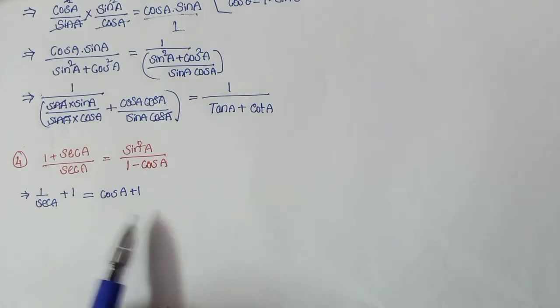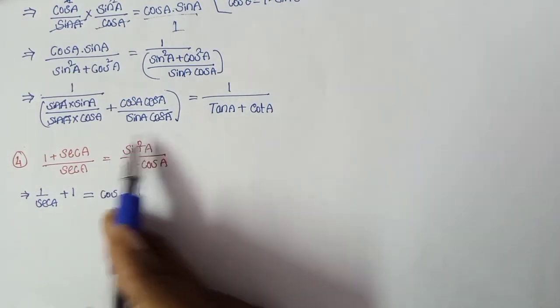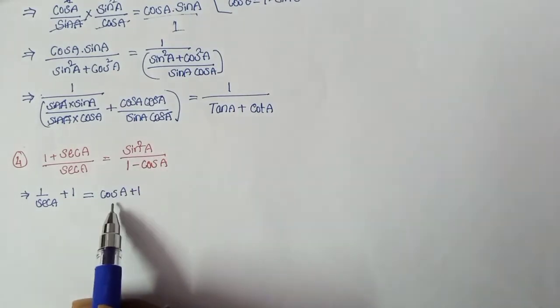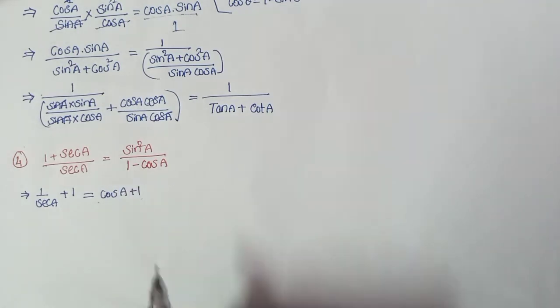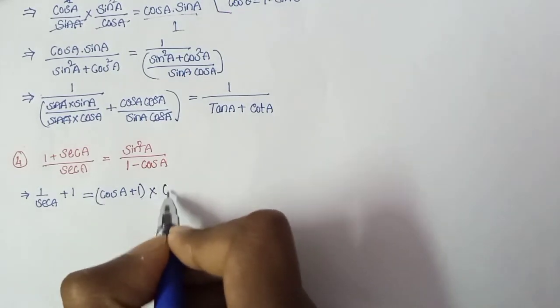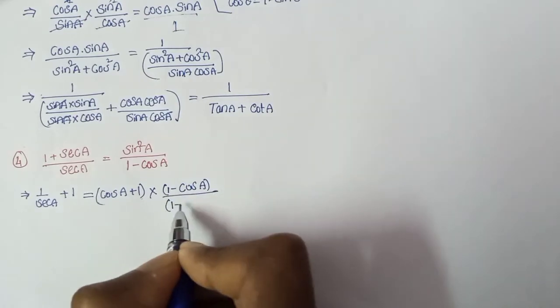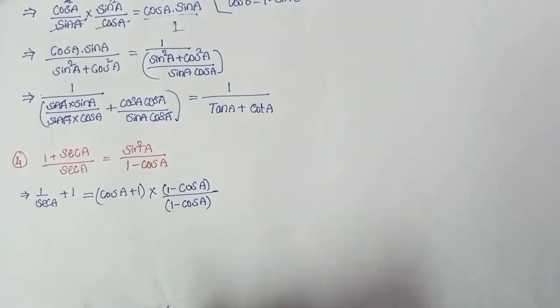This is what we have. If you observe this equation, sin square A by 1 minus cos A, here nothing is there in the denominator, that is 1. So if we want to get this 1 minus cos A, what I am doing here is multiplying this equation with 1 minus cos A divided by 1 minus cos A, so that I can get 1 minus cos A in the denominator.